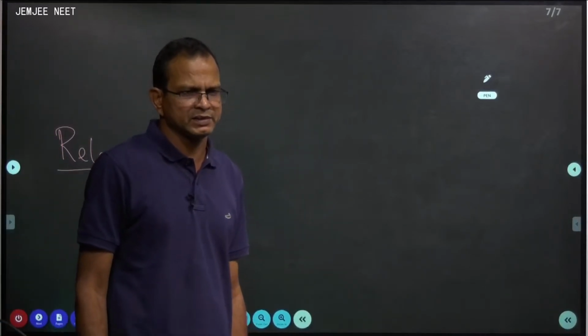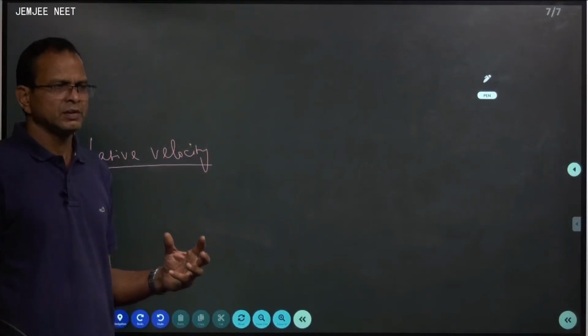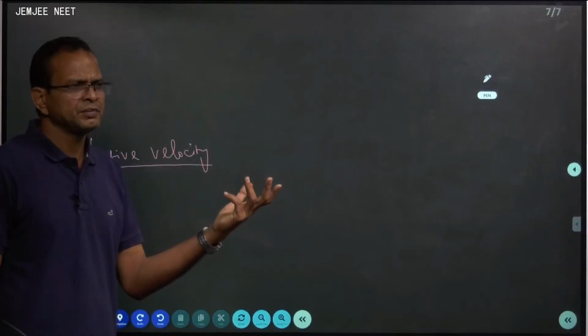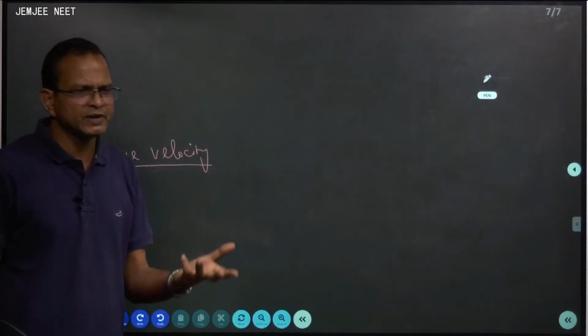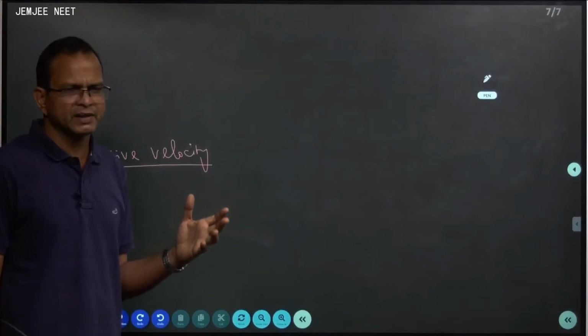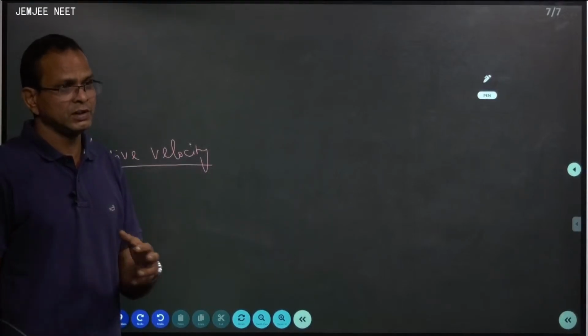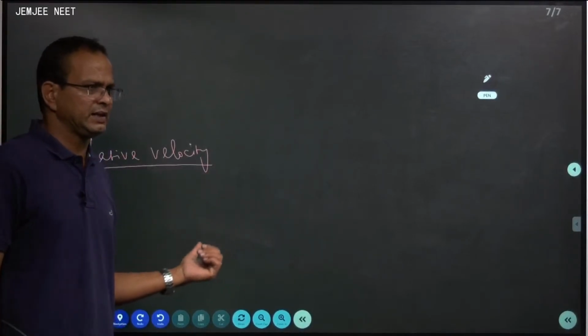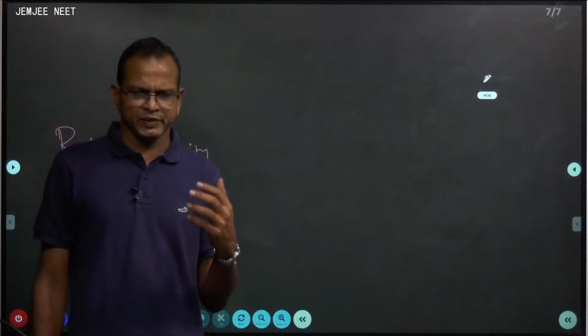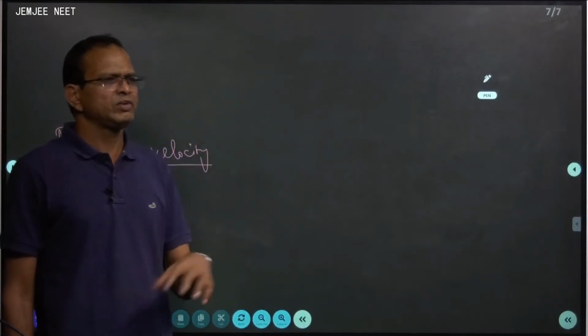What is relative velocity? We just defined displacement. For position vector, what did we say? With respect to origin. For relative velocity, with respect to something else. Relative velocity of an object is the velocity of an object A with respect to B.